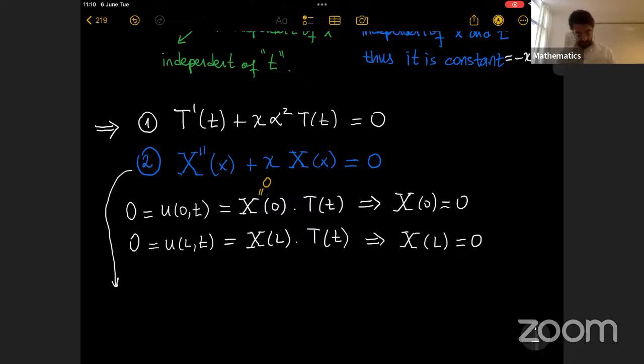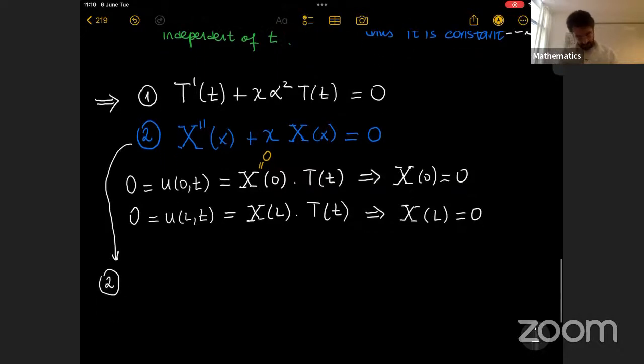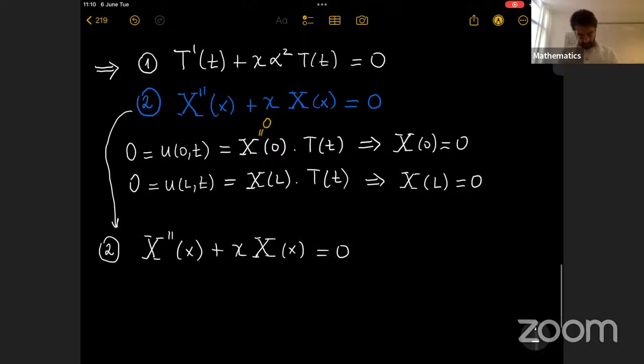The second equation becomes basically the following: X double prime plus lambda times X is equal to 0, with the conditions X(0) = X(L) = 0.